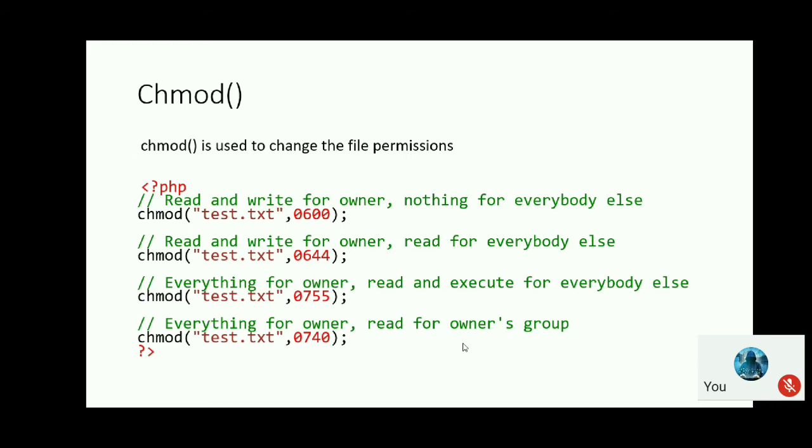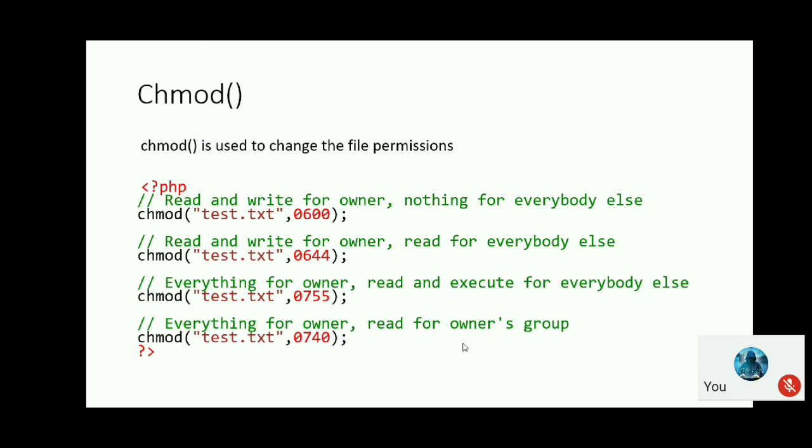What permission does the owner have? 6. 6 means 4 for read and 2 for write, so 4 plus 2 is 6. And the owner group and others can only read. That's why it is given as 644.